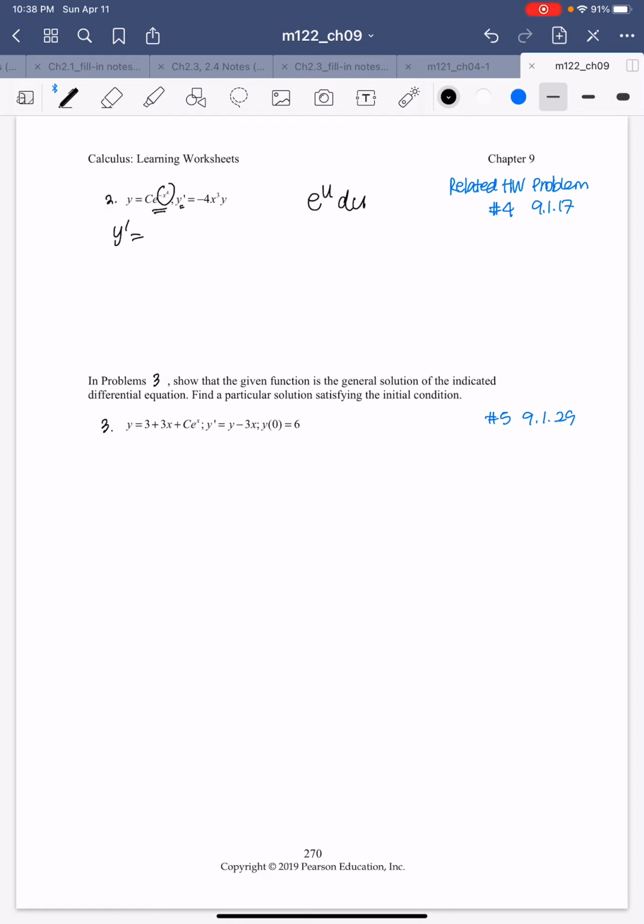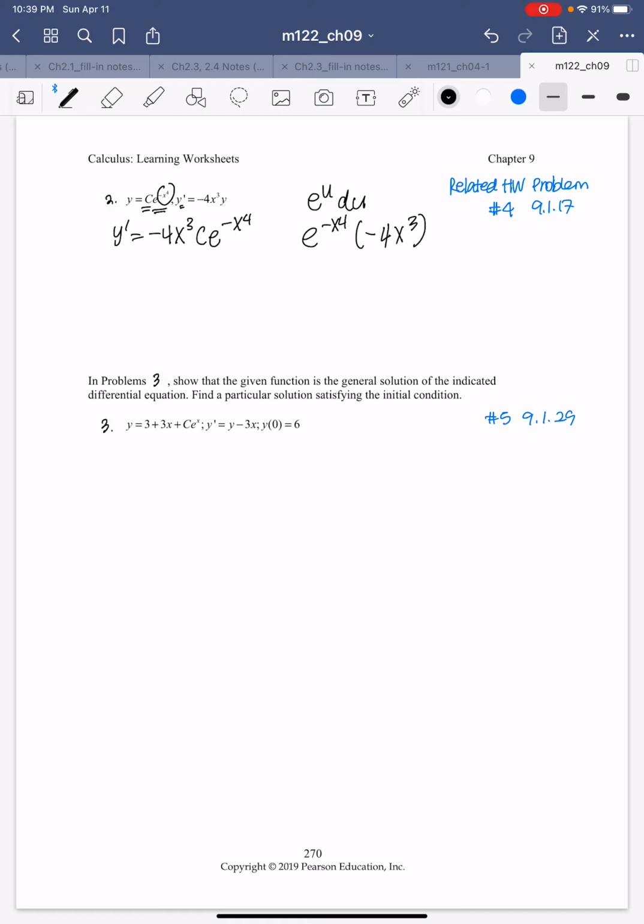So I'm going to have e to the u, so e to the negative x to the fourth. Now the derivative of negative x to the fourth is negative 4x cubed, right? So my final answer is going to be, don't forget the c, negative 4x cubed c e to the negative x to the fourth.